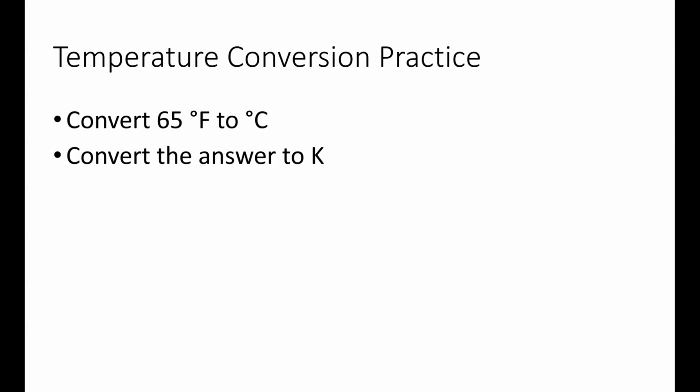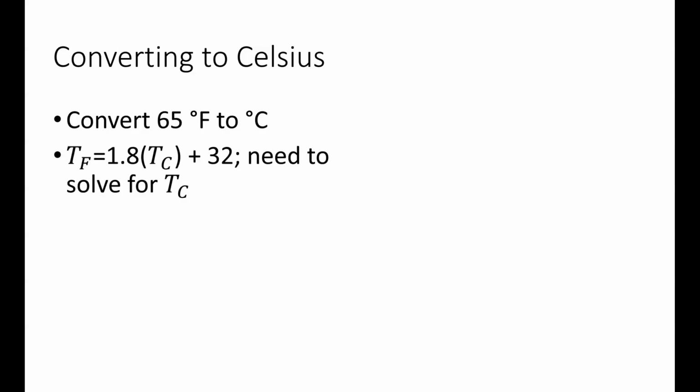For temperature conversion, we want to work through how we would convert 65 degrees Fahrenheit first to degrees Celsius, then we're going to convert that answer to Kelvin. So first we're going to convert to Celsius. I want to convert my 65 degrees Fahrenheit to degrees Celsius. I need my equation, temperature in Fahrenheit equals 1.8 times TC plus 32.